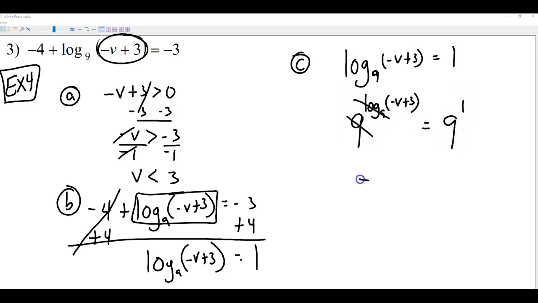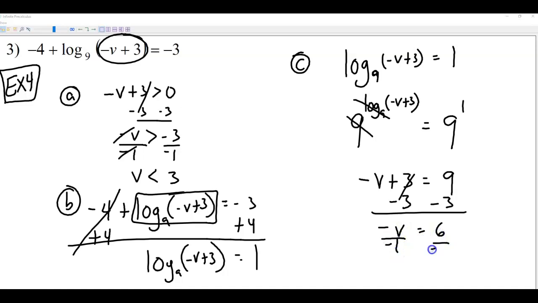And these cancel, of course. 9 to the first power is just 9. And we're going to solve this equation. And I get v equals negative 6.